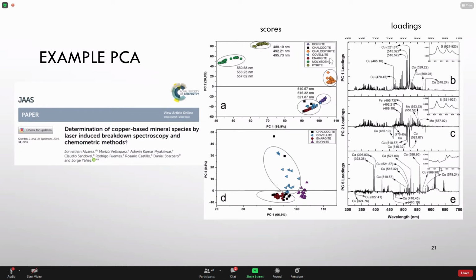These lines, and we can detect which lines, for instance, which element is responsible for this differentiation of the mineral species.